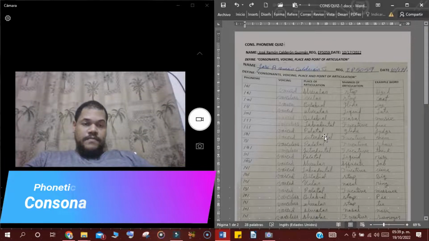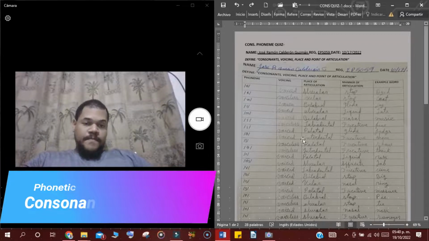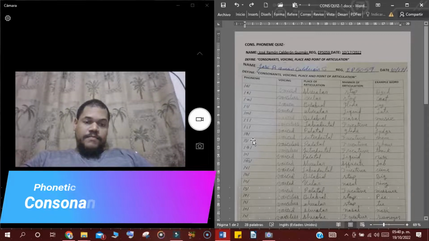Also it is fricative because the airflow is pushing through a narrow space. We have here the word then. Then. You see? Then.